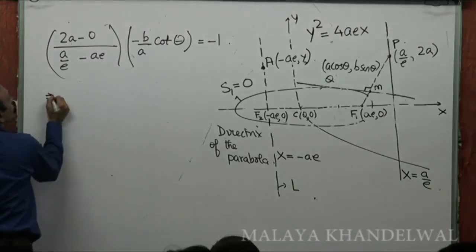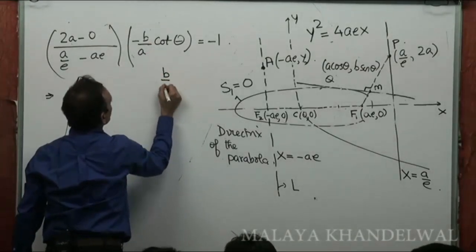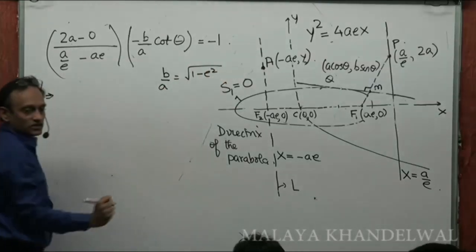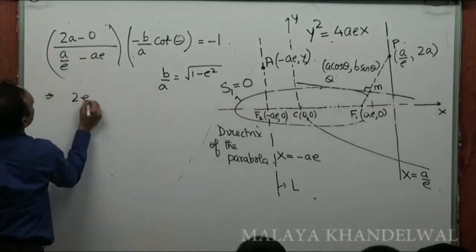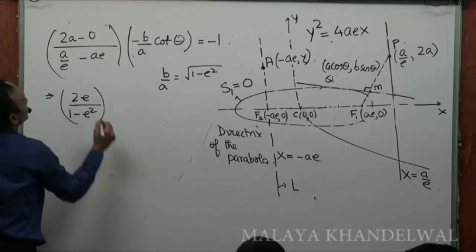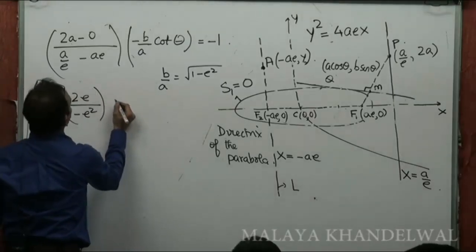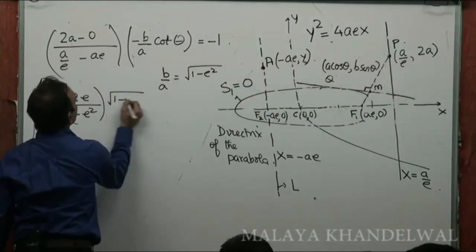See, b by a is root 1 minus e squared, isn't it? B by a is root 1 minus e squared. And this is like 2e by 1 minus e squared. And that must be into root 1 minus e squared.